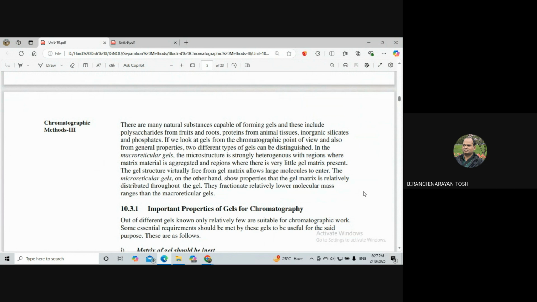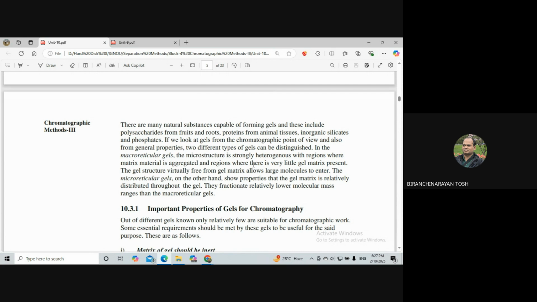The microreticular gels, on the other hand, have the gel matrix relatively evenly distributed throughout the gel. They fractionate relatively lower molecular mass ranges than macroreticular gels.